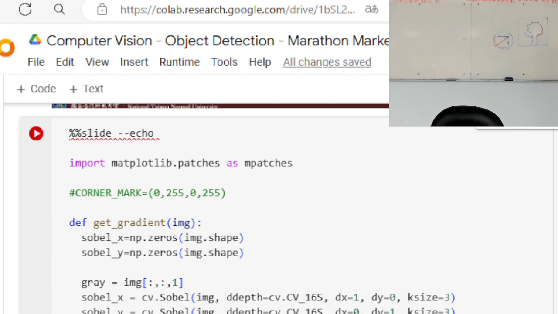In that case, the edges are going to be more crisp, right? There's going to be a much bigger difference between the white and the black areas if the scene is well lit as if the scene is in the shadow.